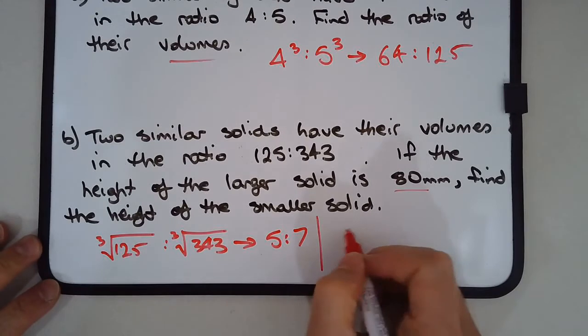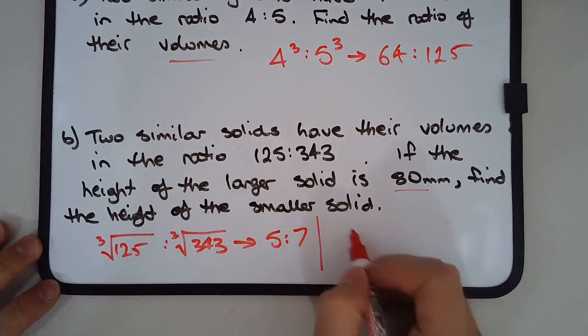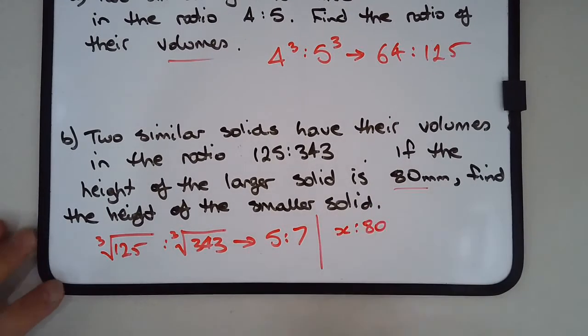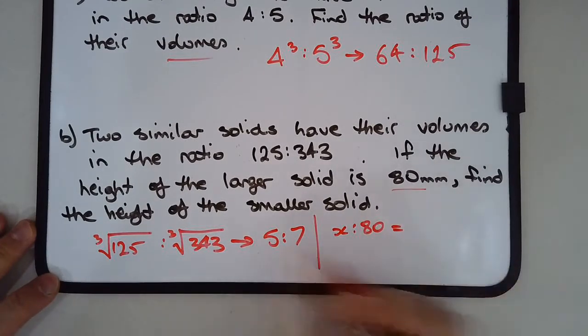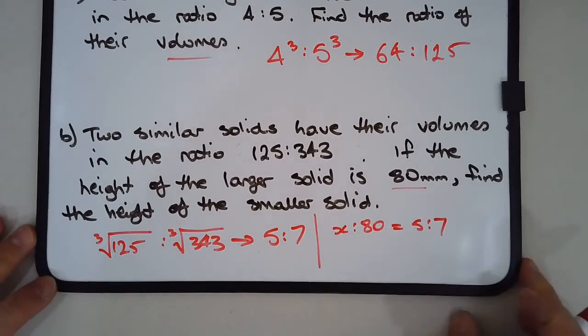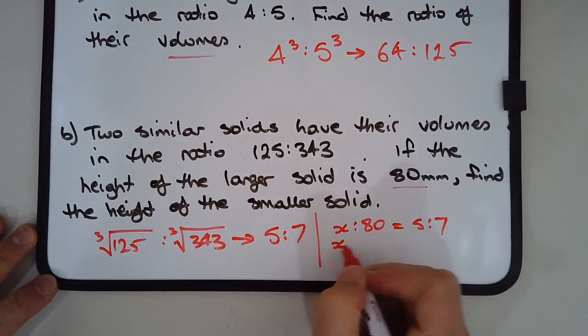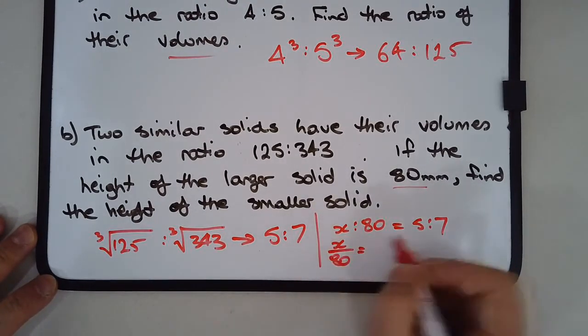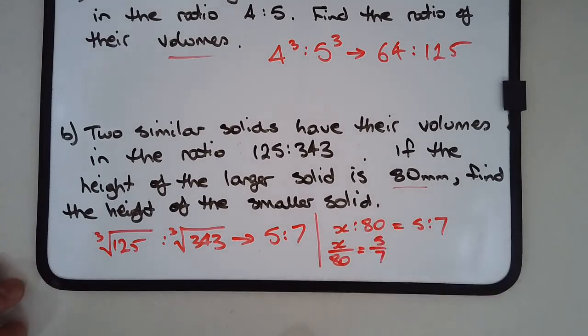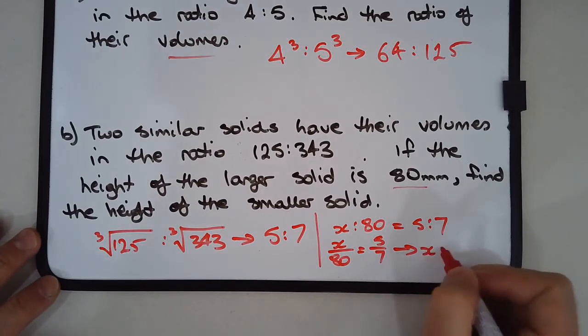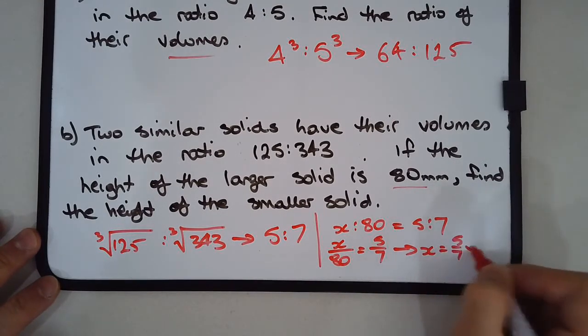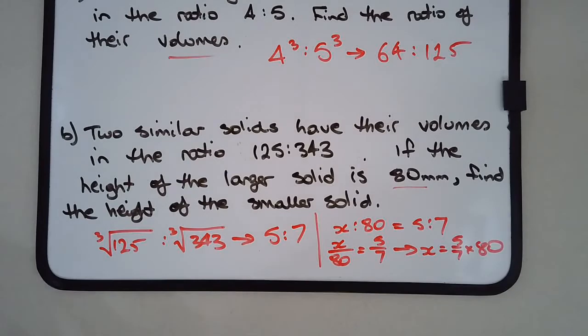So the height of the smaller solid to 80 millimeters is in the ratio 5 to 7. We could express this as a fraction, so x over 80 is equal to 5 over 7. Multiplying both sides by 80, x is equal to 5 on 7 multiplied by 80.